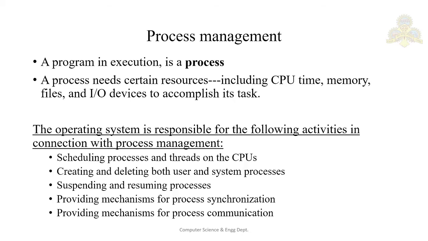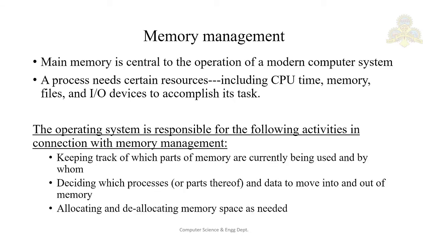The next one is memory management. Main memory is the central place of operation for the modern computer system, right? Main memory is a large array of words or bytes. Each word or byte has its own address, remember.